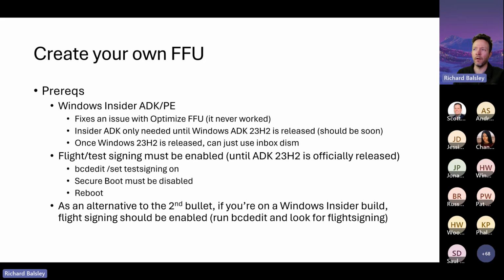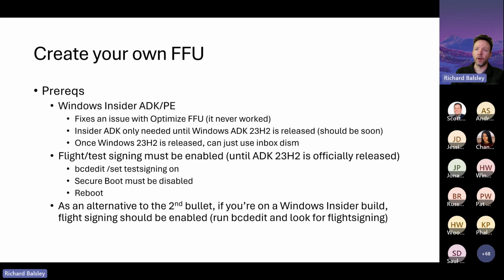And so once that's there, then you would just use the inbox DISM. You don't even have to worry about having the ADK installed. You would need the Windows PE stuff, but you could still use just the regular inbox DISM. So this complicates things a little bit right now, but it's going to get easier here, hopefully in a month, and then it'll be much easier once we get to the fall timeframe when 23H2 is released for Windows 11.